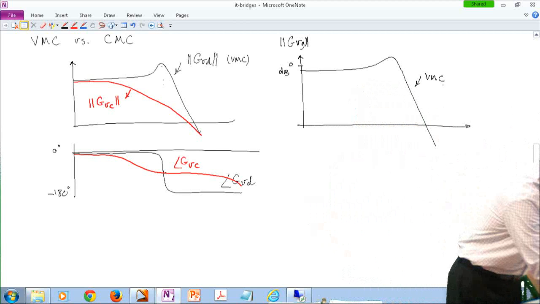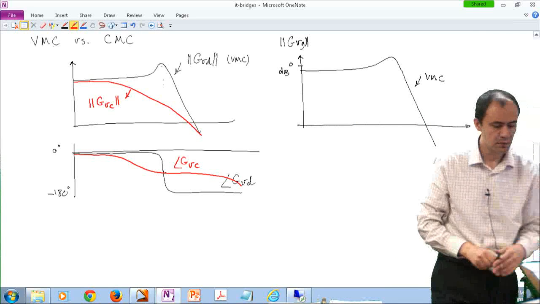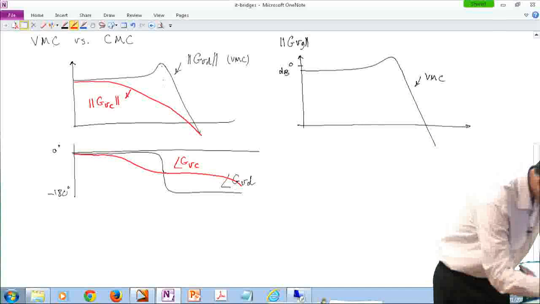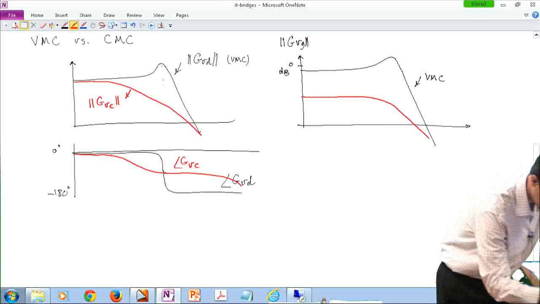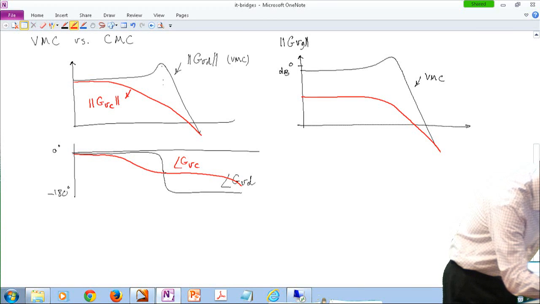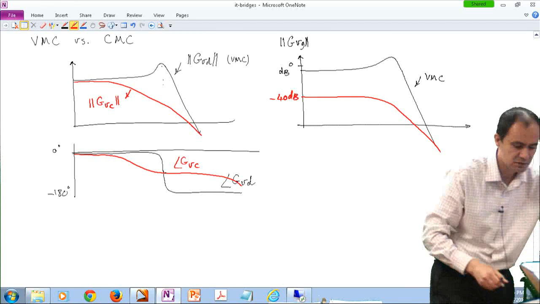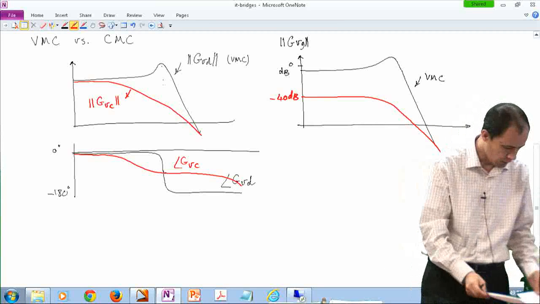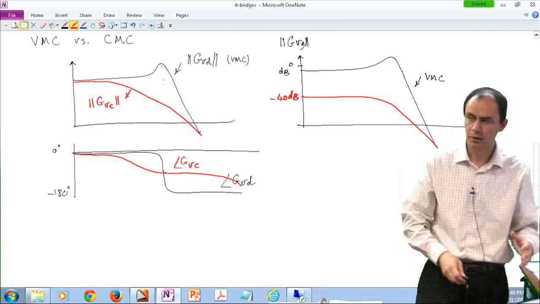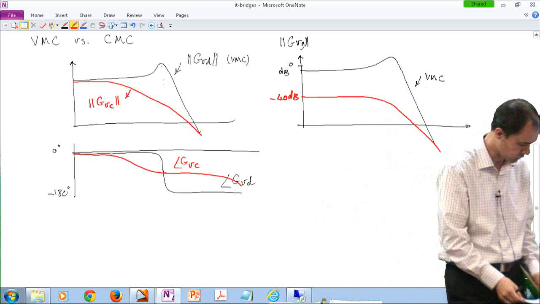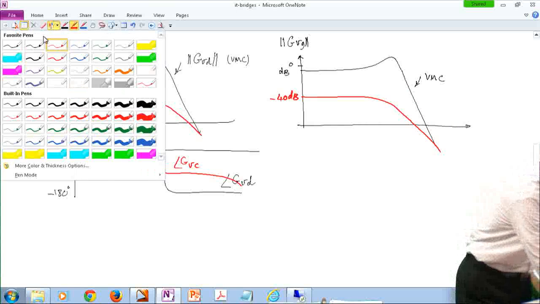For current mode control, the simple model predicts negative infinity, but using the more accurate model, we end up with something like this. And this is negative 40 dBs. So it's actually very small, which is quite good. We don't care about the phase of this because it's not part of our closed loop system, and we don't look at it to determine the phase margin.